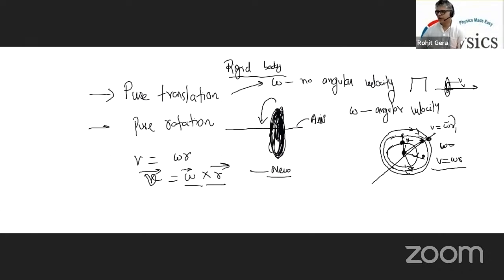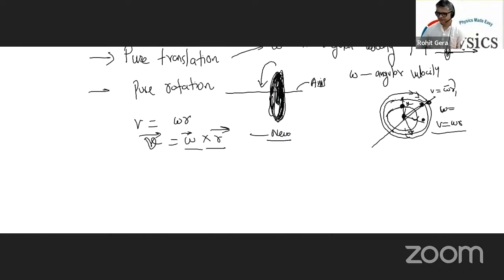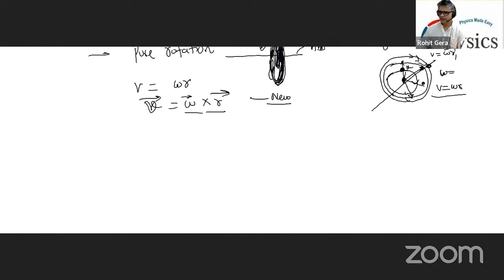Okay, so what you can do is, if you have a body which is fixed at a point, for example, I have a disk, and what I do is I hang the disk at a certain point on the wall. Okay, so this is the wall, and I nail it inside the wall. So this is fixed here. And supposedly I take any point P on the disk. So this is the circle in which it is moving. Okay, so this is the point.